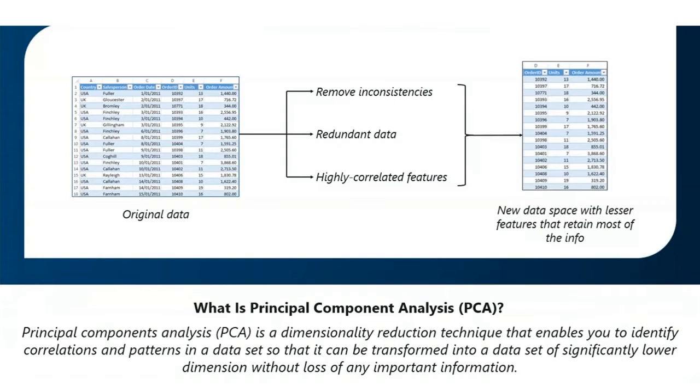As per the information given in the diagram, this is a simple data set which consists of multiple attributes. The first attribute could be the country, and there are different countries given: USA, UK, India and other countries. The second one is the salesperson, again the name is mentioned.